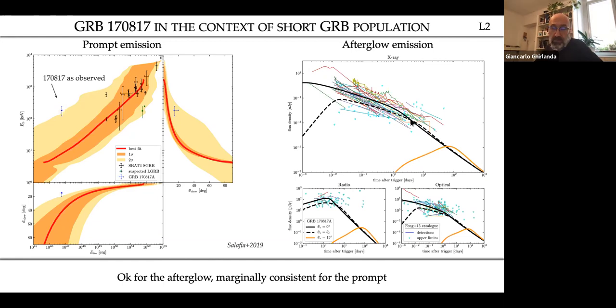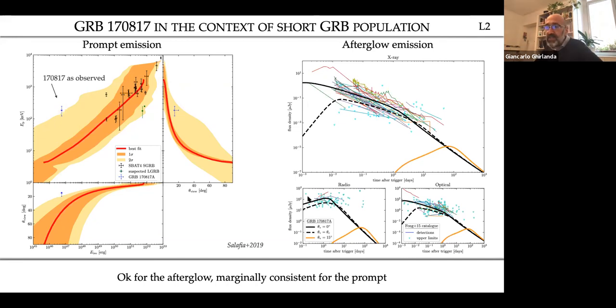And their luminosity and energy are large. The point here is that if these bursts were observed at large angles, they would have appeared with an afterglow like this, and with a luminosity and hardness which is quite low.